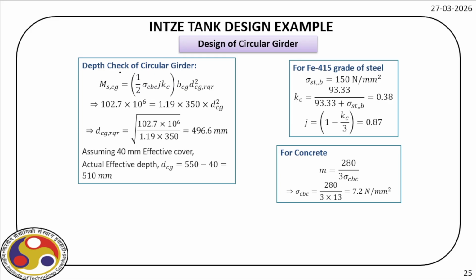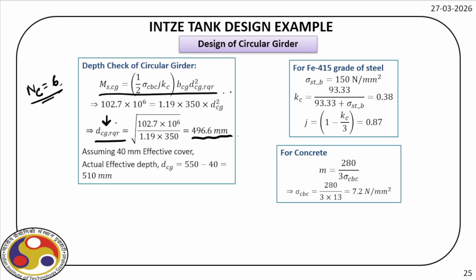So, the depth of the circular girder, so we have 6 columns. We use this expression for evaluating the depth of the girder. Again, this is the expression we used earlier also, and the depth of the girder is 496.6.